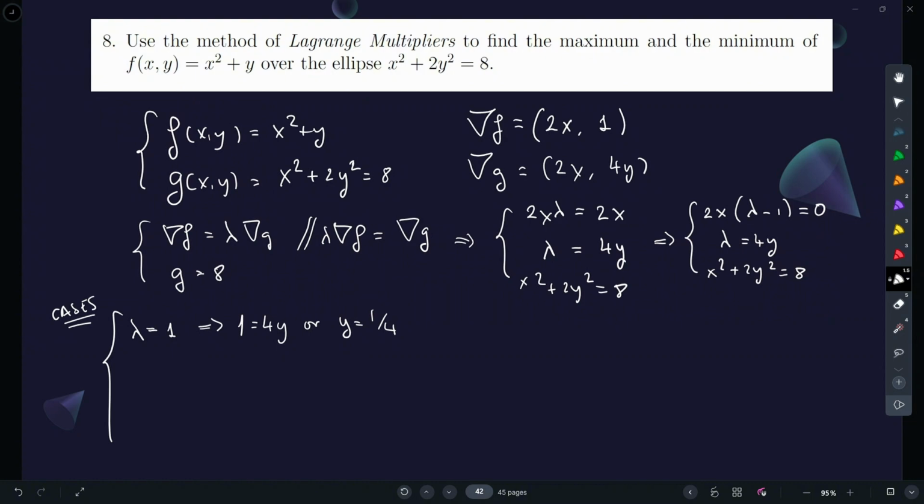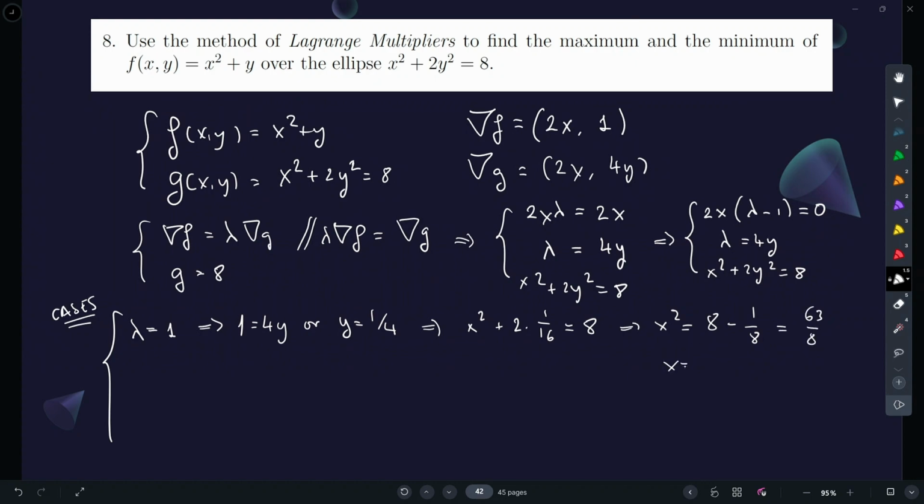And if I have y equals a fourth, then the constraint g tells me what x needs to be. That tells me that x squared plus 2 times 1 over 16 has to be 8, or that x squared is 8 minus 1 over 8, and that is, what is that? 63 over 8.